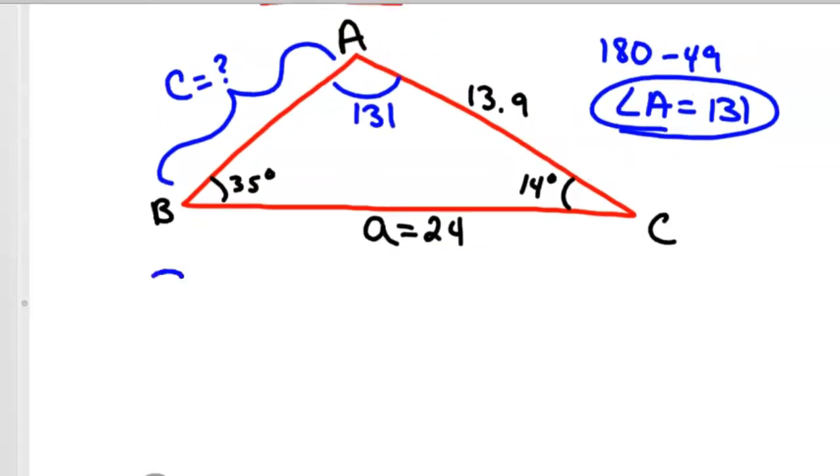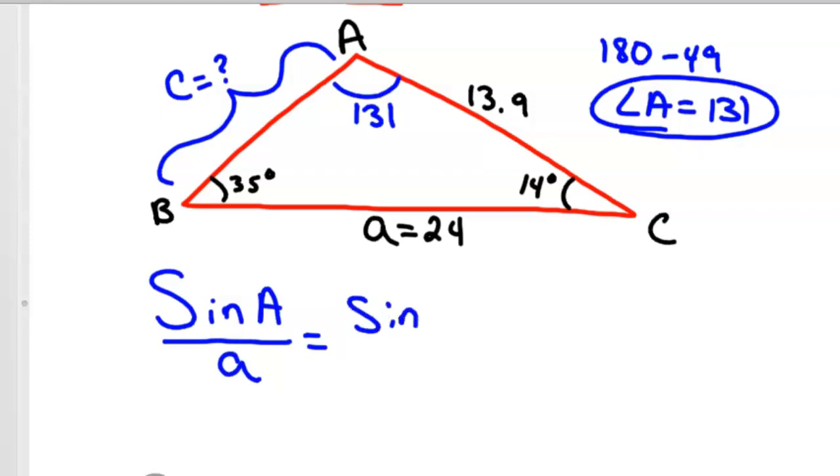The law of sine basically says this: the sine of an angle over the side opposite it is the same as the sine of another angle over the side opposite of it, and the same as the sine of the third angle over the side opposite of it.